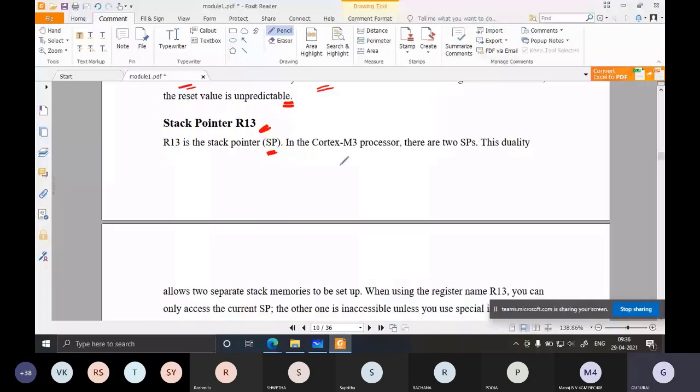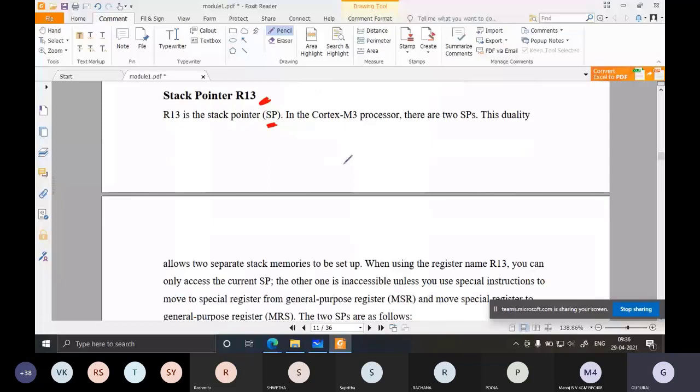In case there are values that you want to retrieve later, you will store them in the stack memory. Out of the total memory of the processor or controller, some part of the memory will be dedicated as stack memory. It is a temporary storage memory.